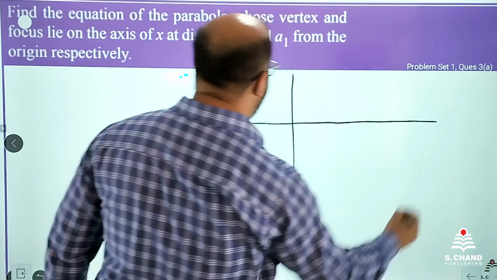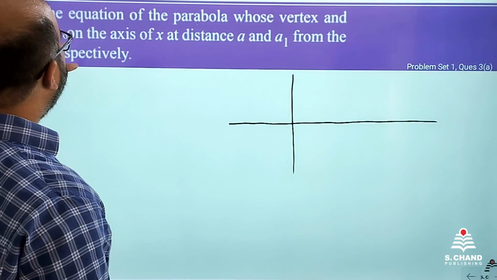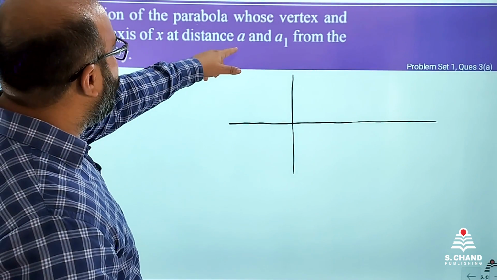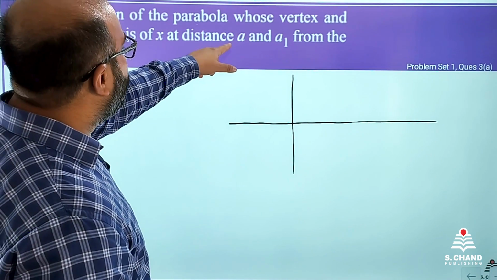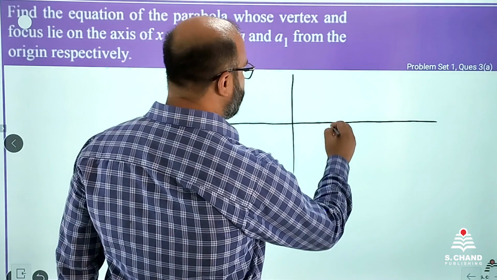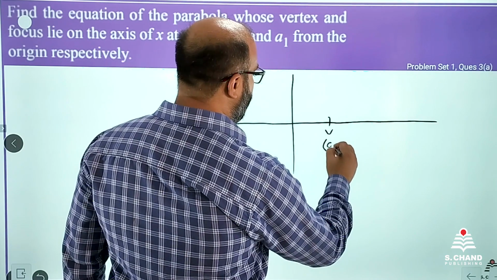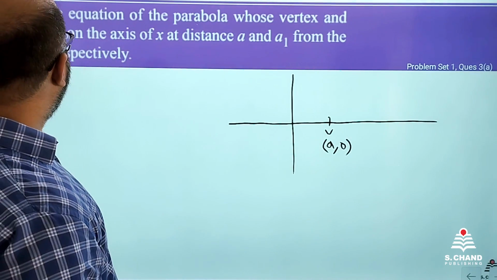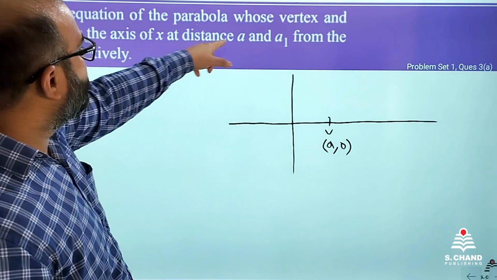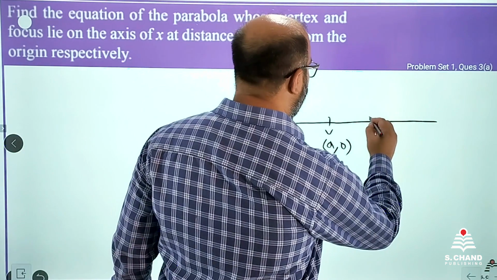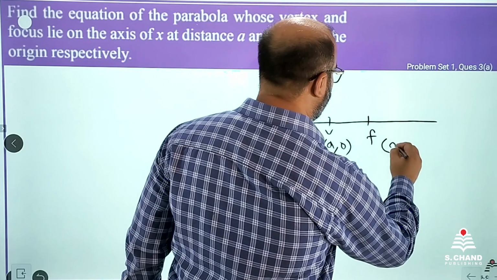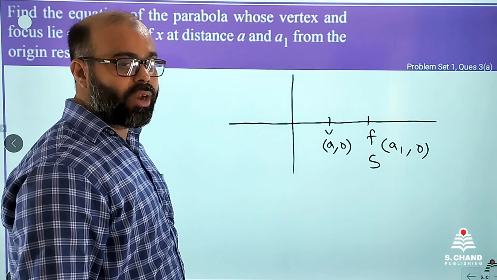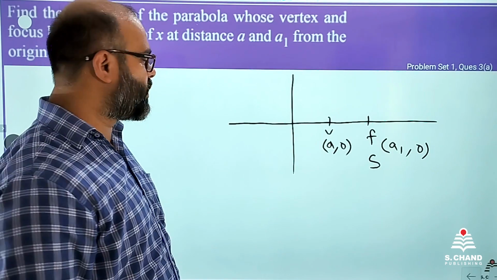We are given that the vertex is at distance a, so it is at the point a comma 0, and the focus lies on the axis of x at distance a1. Focus is at a1 comma 0. This is also represented by S. You can use F or S, but mostly we use S for focus.